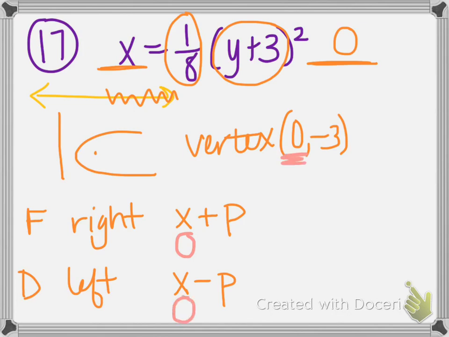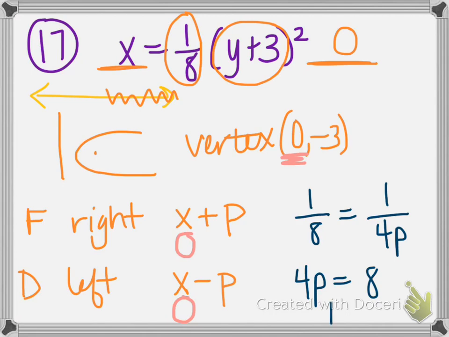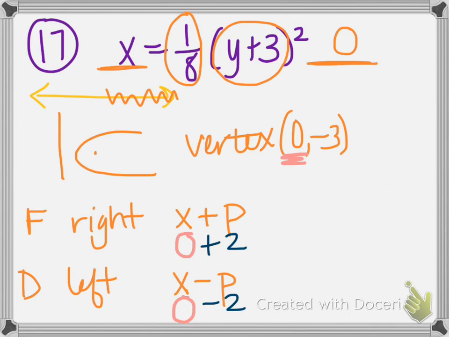Now what's the p-value? To find the p-value we use the formula. 1/8 equals 1 over 4 times p. So cross multiply, we get 4p equals 8 and p equals 2. So I'm going to add 2 and subtract 2. And now I just need to write my equation and my point.